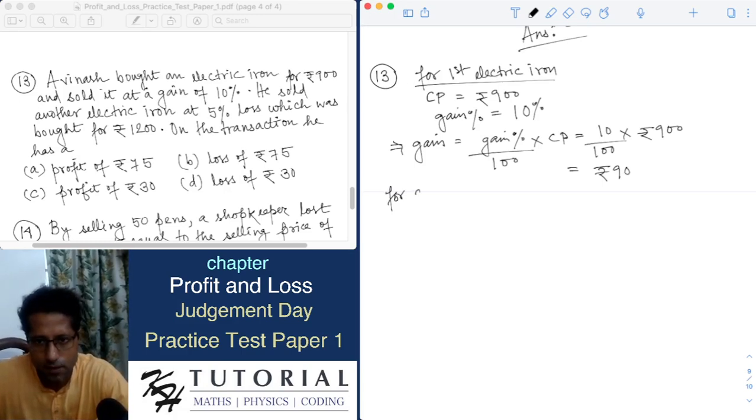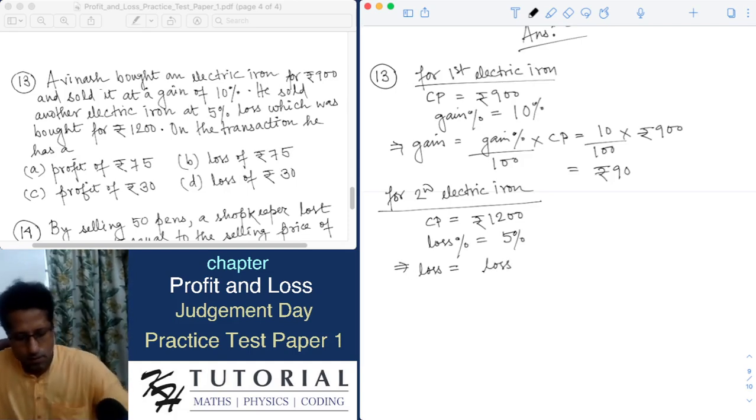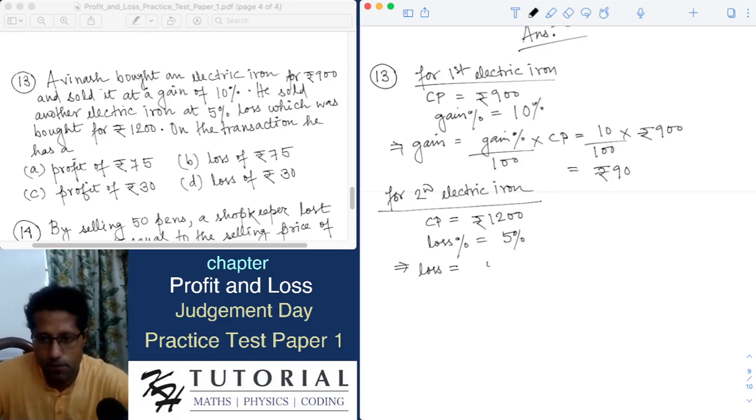For the second electric iron, or another electric iron, CP is given to be rupees 1200 and loss percent is given to be 5%. This implies the actual value of the loss is 5% of CP.